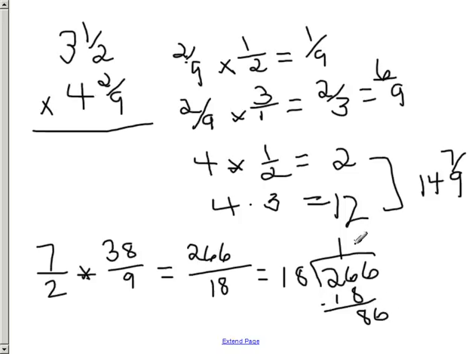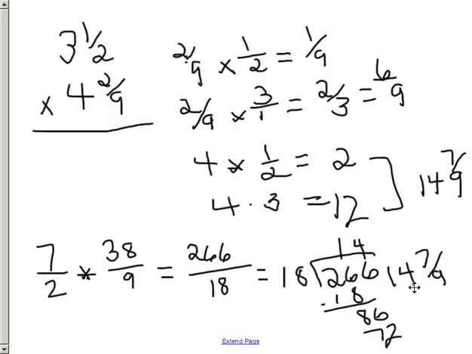But I get 14 here, and my remainder here is 14/18, which simplifies to 7/9. So I get 14 and 7/9. All right, so you can see that I can use either method. I'm going to end up with the same result.